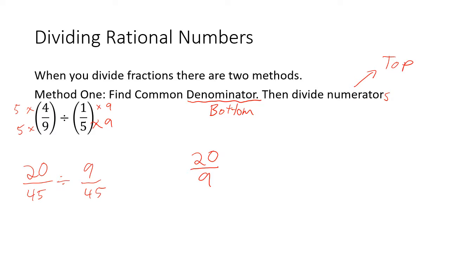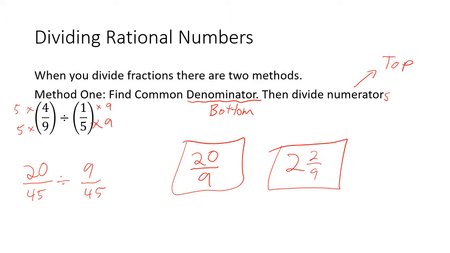Now this can be changed into a mixed number. 9 can be taken out of there 2 times. 2 times 9 is 18, and that leaves 2/9 left over. So either one, improper or mixed. Okay. So that's our method 1 for dividing rational numbers or dividing fractions.